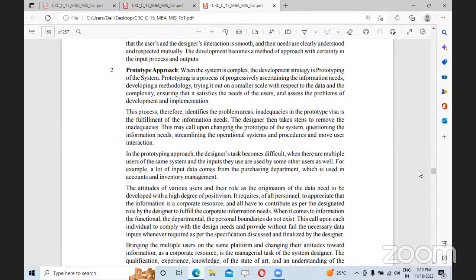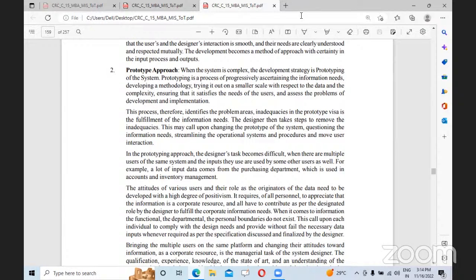Prototyping is a process of progressively ascertaining the information needs, developing a methodology, trying it out on a smaller scale with respect to the data and the complexity, ensuring that it satisfies the needs of all the users, and assessing the problems of development and implementation.